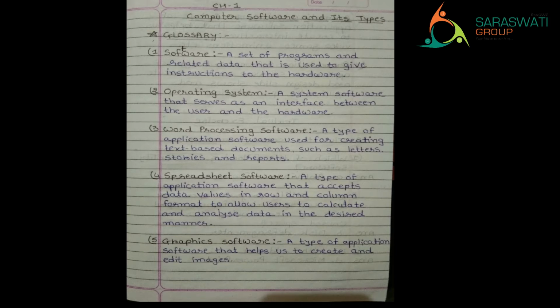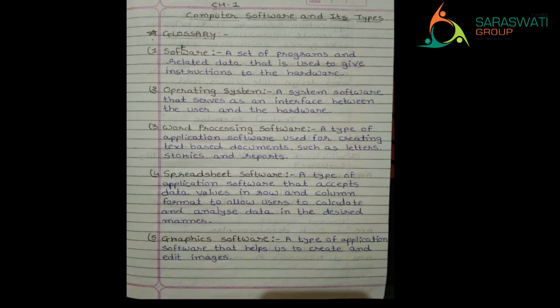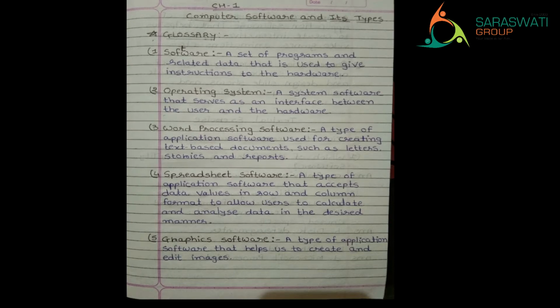At the end of every chapter, you will get the glossary. It means certain words are given with its meaning, right? Some words we have studied maybe in the hard word slides or while explaining the chapter. I have explained the meaning of certain words. So that one you have to write.